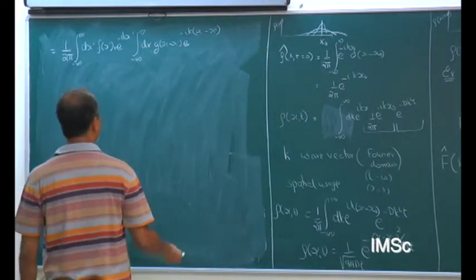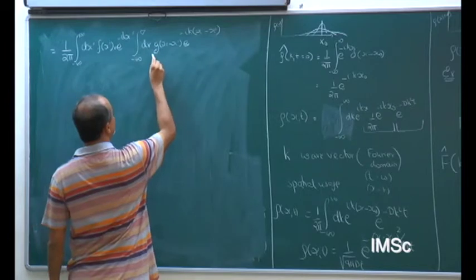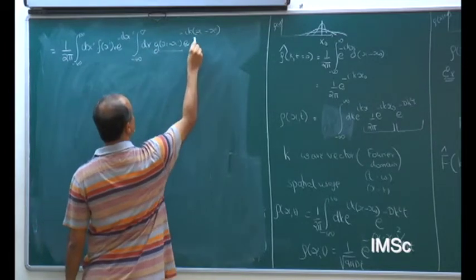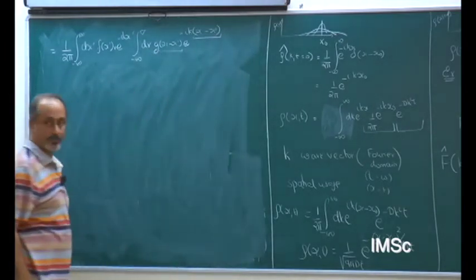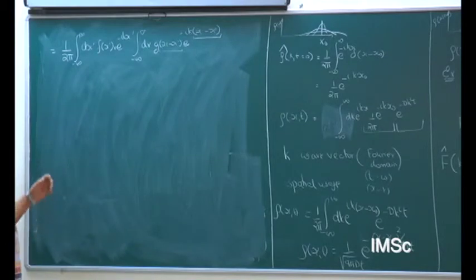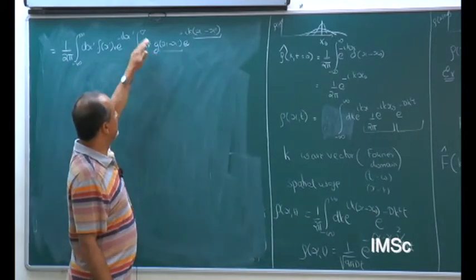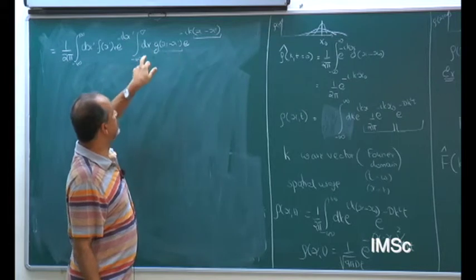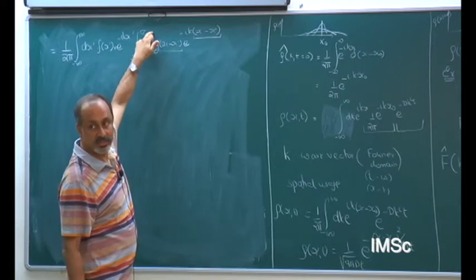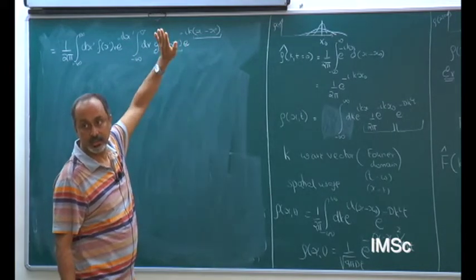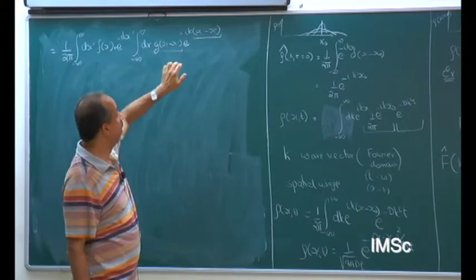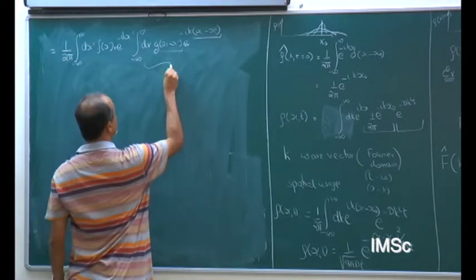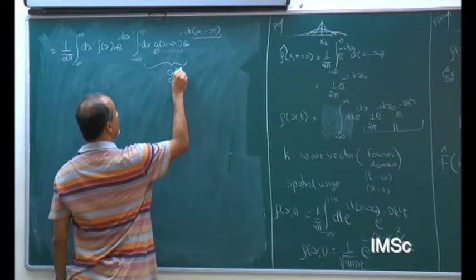Okay. But now notice that I can always shift this variable whichever way I want, because it's just this variable x minus x prime. I can shift it for every value of x prime, because the integral goes from minus infinity to infinity. This integral doesn't care about the value of x prime. So this is just the Fourier transform g of k.